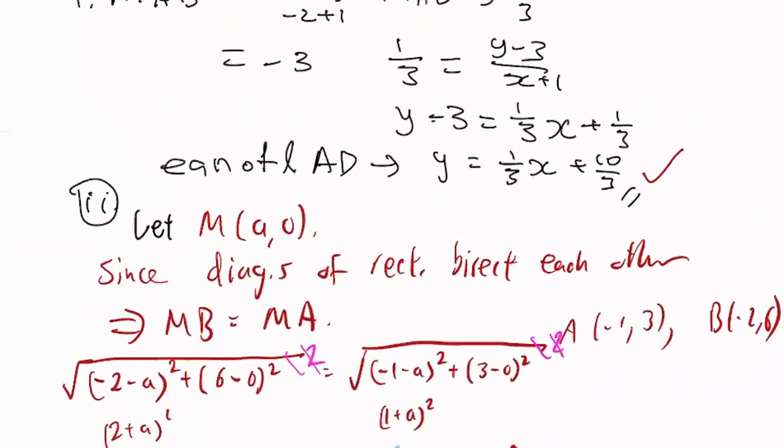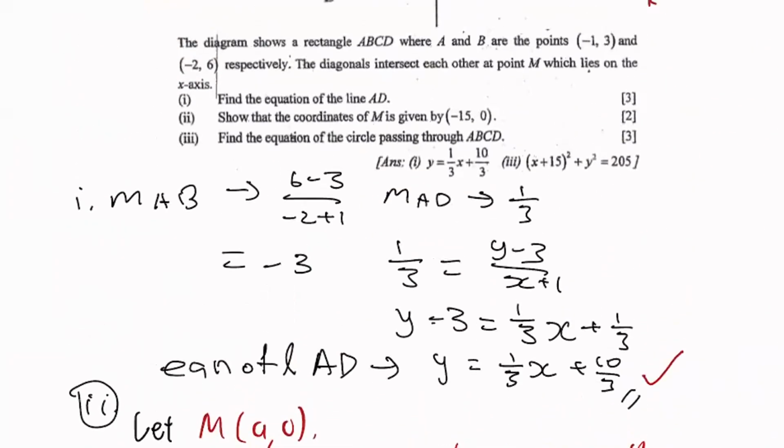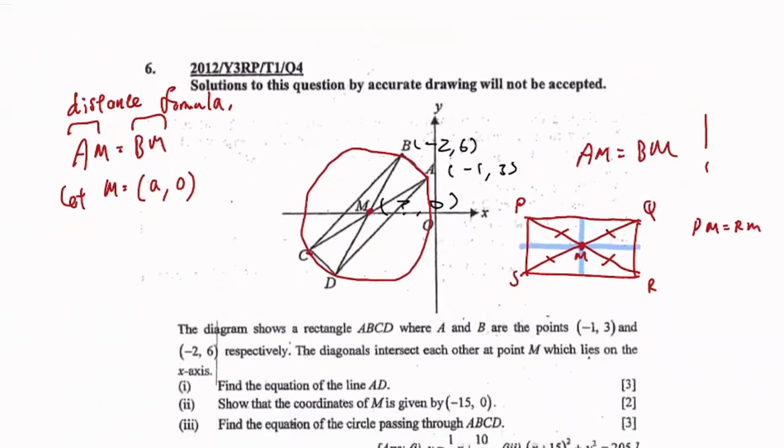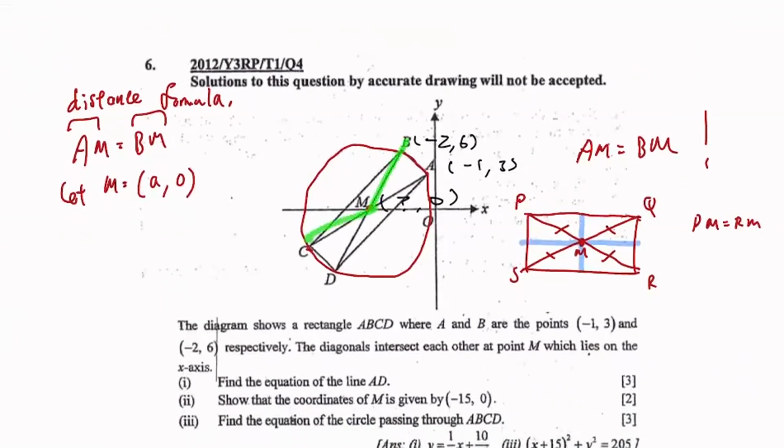Okay, good. Moving on. Part 3, find the equation of the circle passing through ABCD. What you need to realize is that because they bisect each other, all these lengths are equal. Doesn't that just look like a radius of a circle? And M is the center. So find the equation.